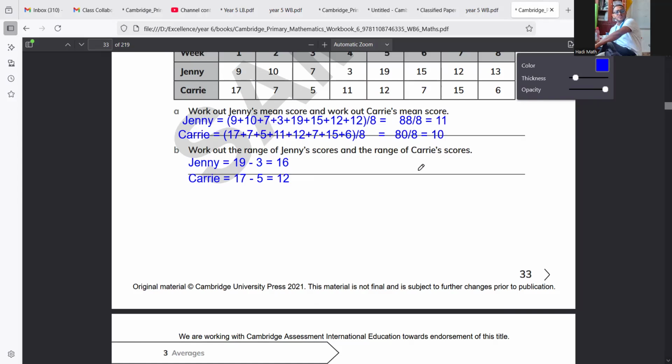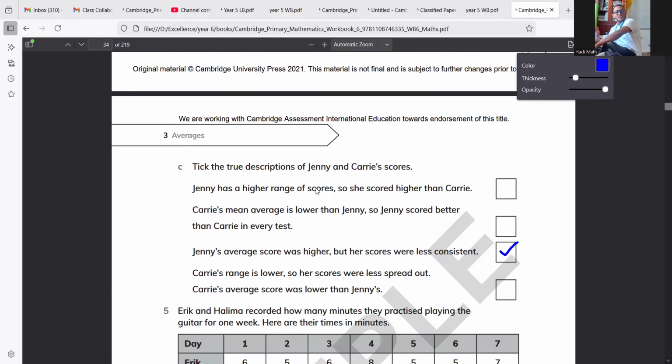But less consistent? Yes, less consistent. Why? Because look at her range, it is 16. That means there is one very small and one very high. Whenever you have a big range, that means you are less consistent all the time.